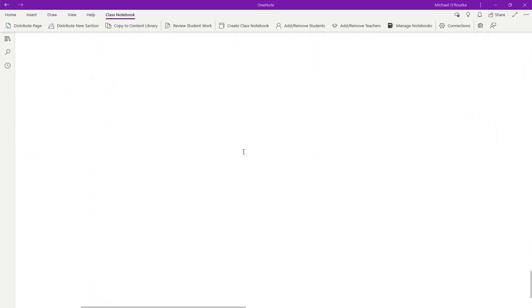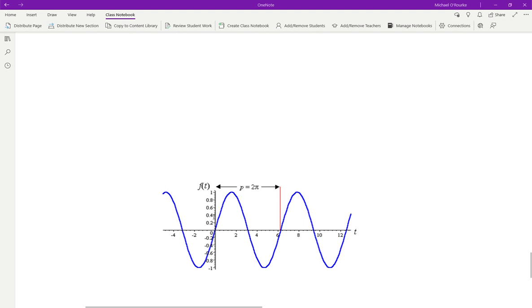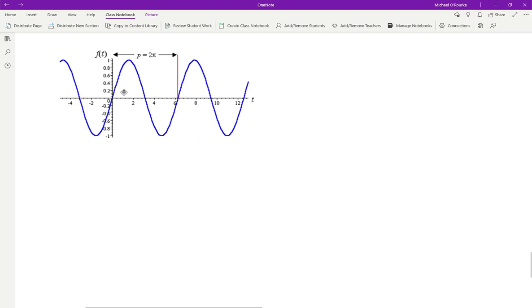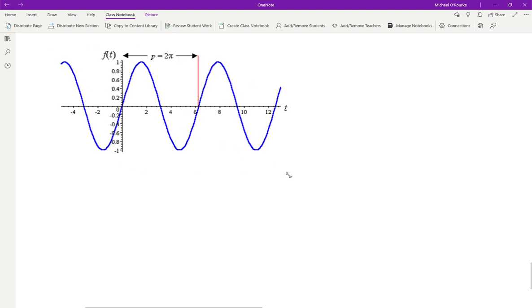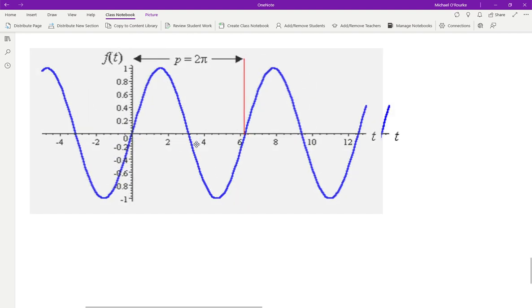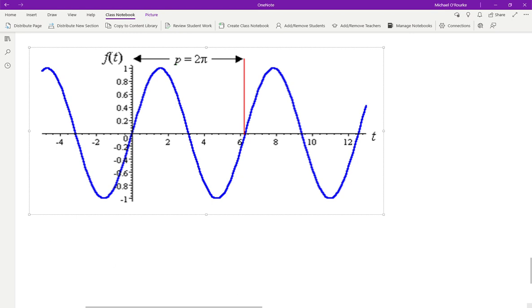Let's try. I'm fine with this one. So max and min here are 1 and -1. Good.